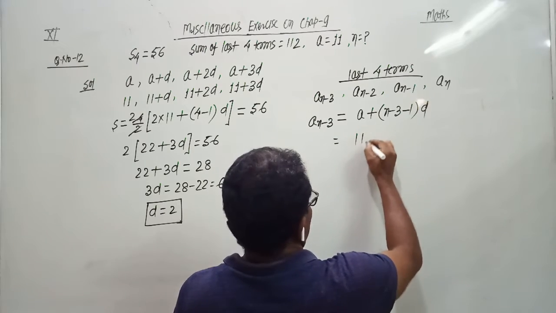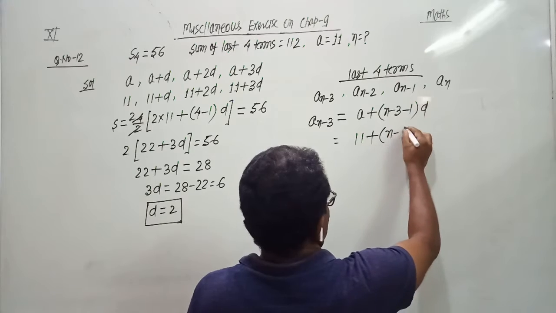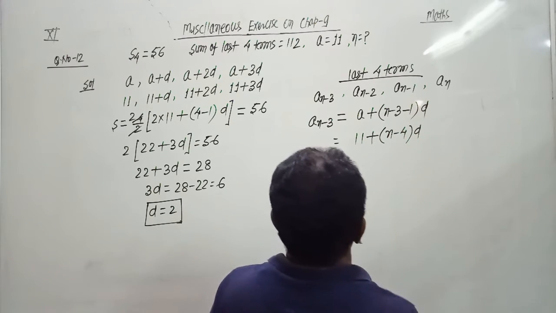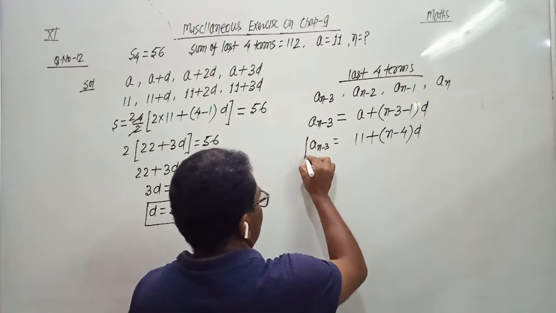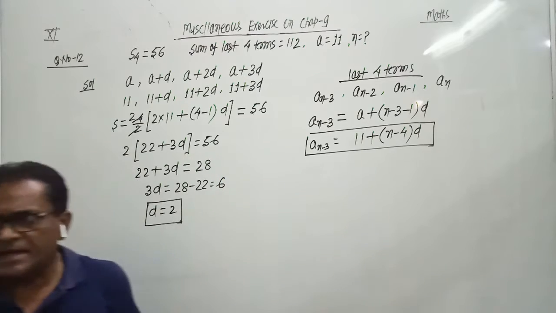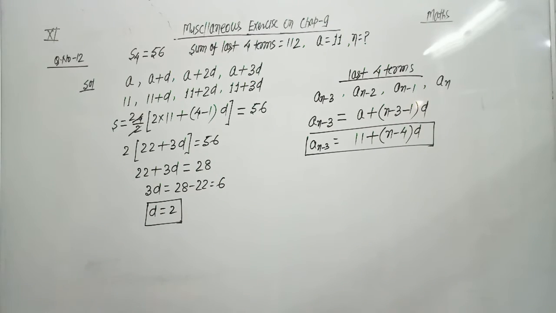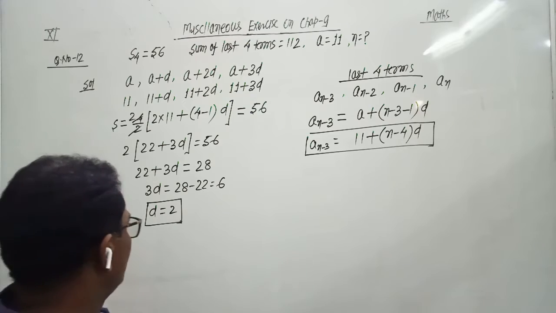We have given the value of a, 11, plus n minus 4 into d. This is the term a n minus 3, equal to 11 plus n minus 4 into d. And the value of d we have already calculated: 2.